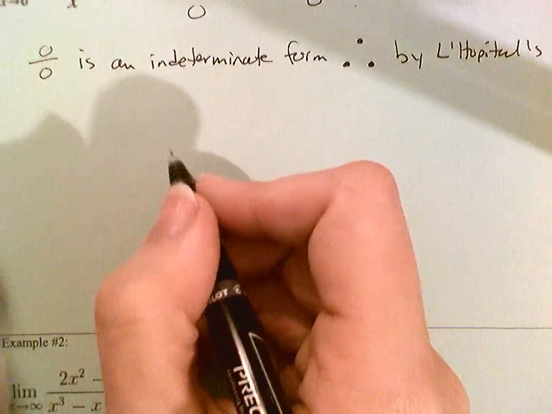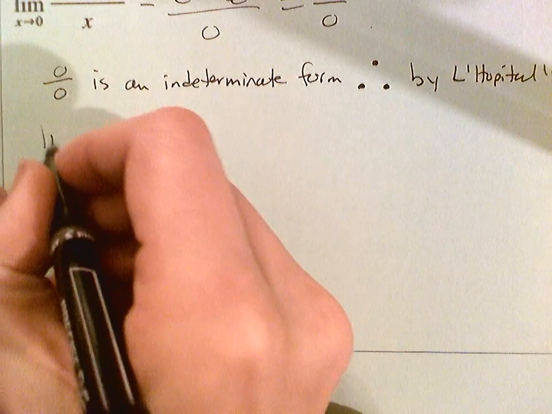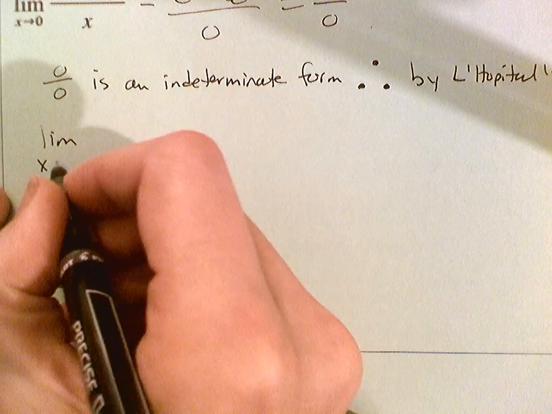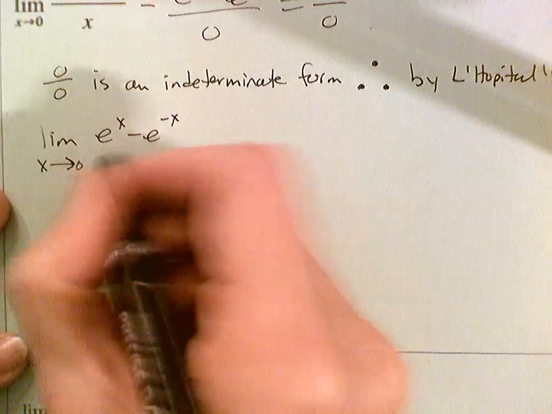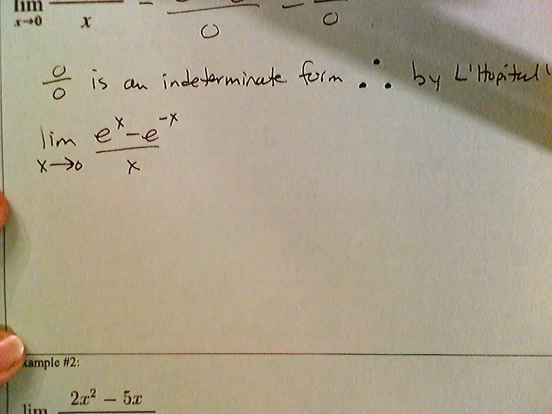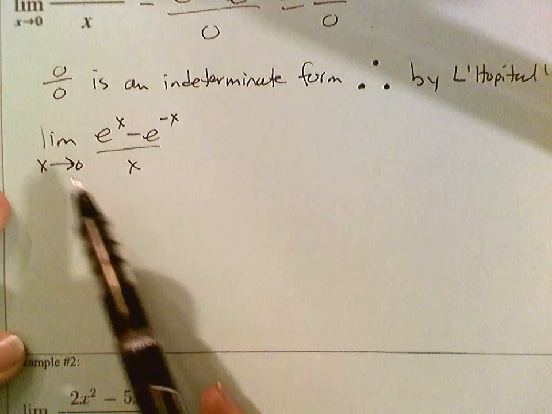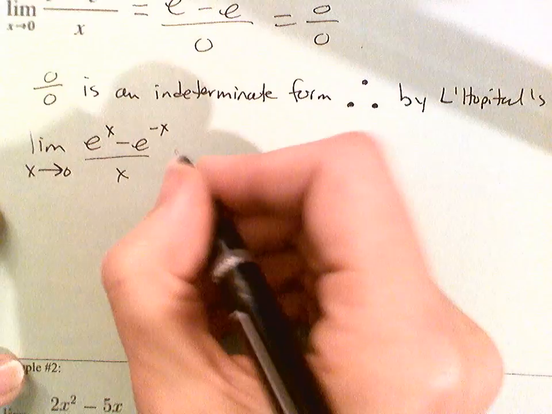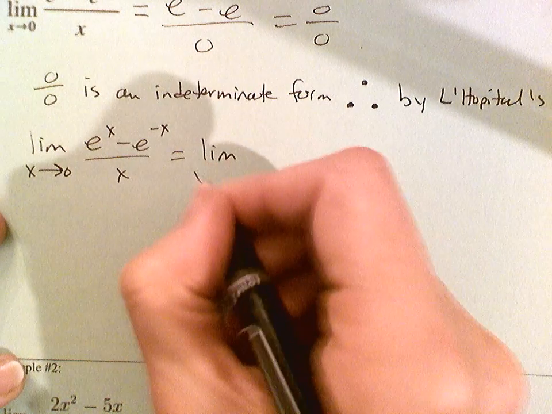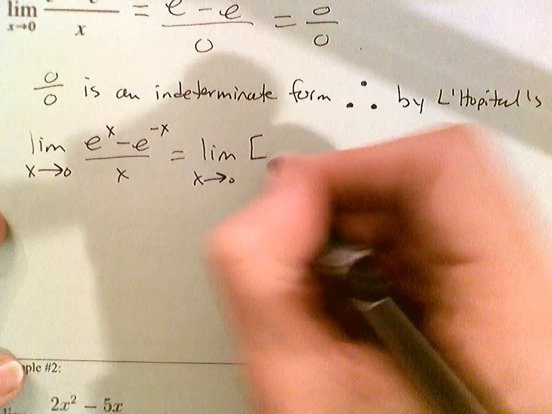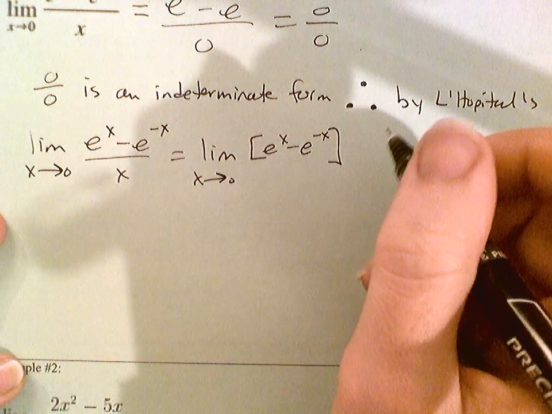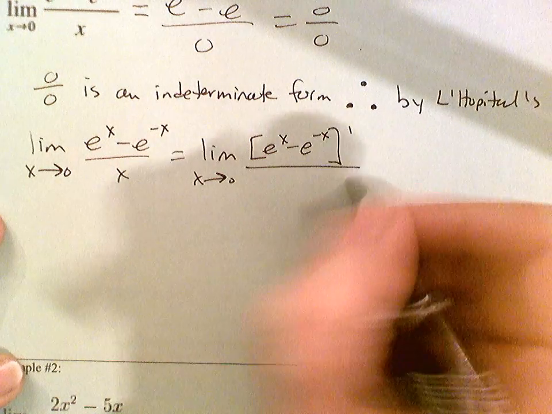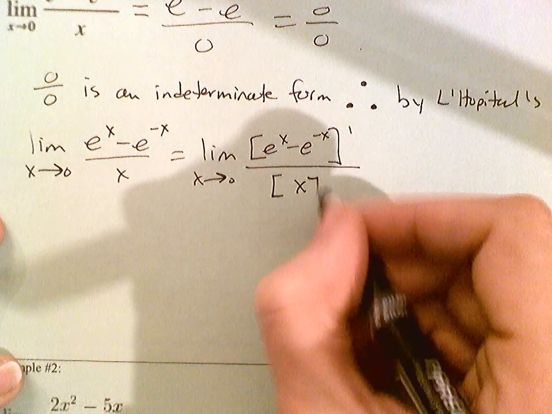And then I'm telling my reader that I'm using it. And so, therefore, by L'Hopital's rule, now I'm going to take the limit again. I'm just going to rewrite it. Therefore, the limit as x approaches 0 of e to the x minus e to the negative x all over x. Guys, L'Hopital's rule says that this limit is equal to this limit, e to the x minus e to the negative x, hi Loz, my sister just walked in, over that.